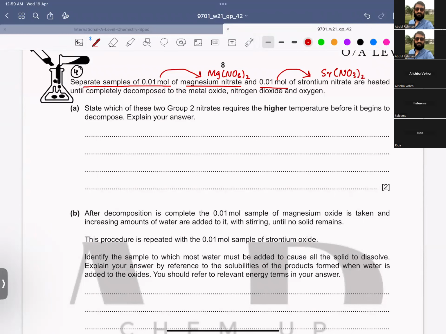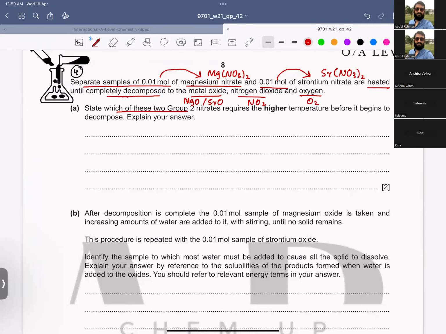Are heated until completely decomposed to a metal oxide, nitrogen dioxide, and oxygen. So here we will get magnesium oxide or strontium oxide, and nitrogen dioxide and oxygen gas.